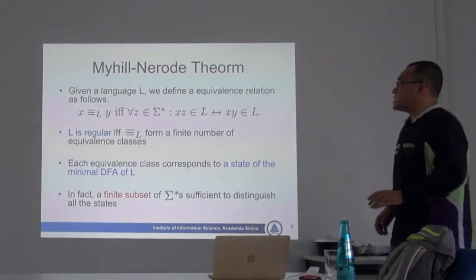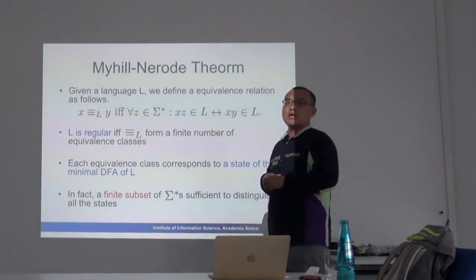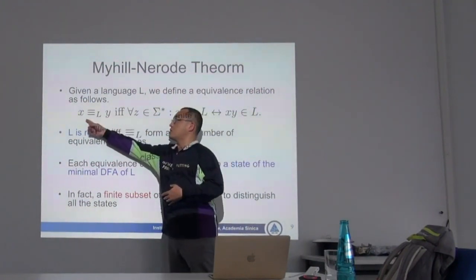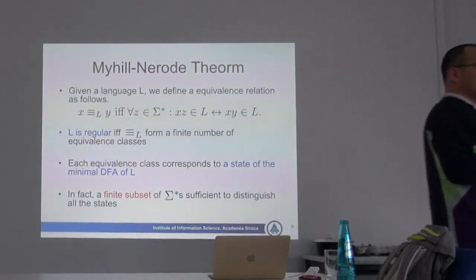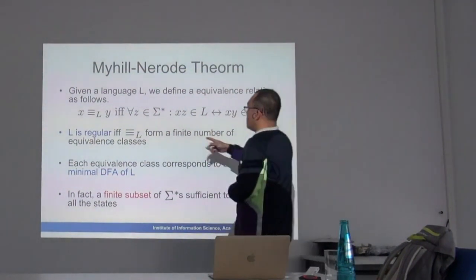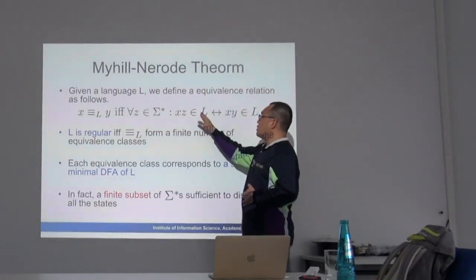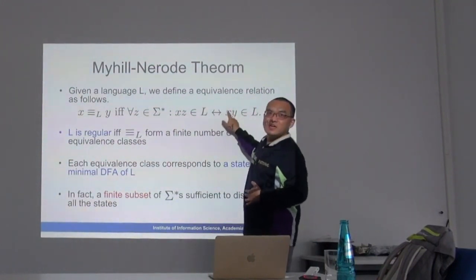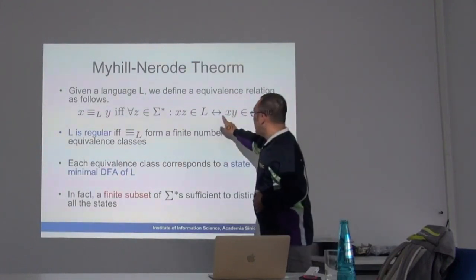So the basic theory behind the algorithm is the so-called Myhill-Nerode theorem for automata. It defines an equivalence relation. It says that two words x, y are equivalent if they cannot be distinguished by any suffixes. For any z in sigma star, x z in L if and only if y z in L. Sorry, this should be y z.